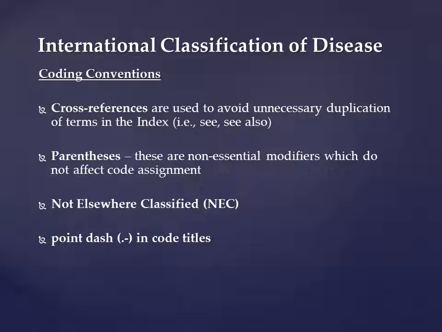Example of this is "see" and "see also". The parentheses that you will see are considered as non-essential modifiers, but they do not affect the code assignment. And then NEC, not elsewhere classified, and point dash, which is the same as the coding convention mentioned from volume 1 or the tabular list volume.